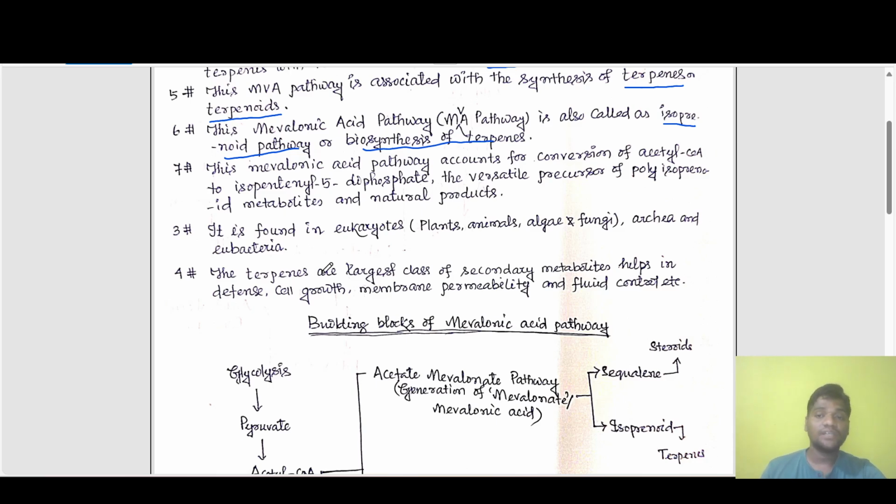They are essential for cell defense and cell growth, and also for regulating membrane permeability and fluid control in the cell. So these are some of the vital activities performed by terpenes in all living forms. Now this is the introduction part of the mevalonic acid pathway.